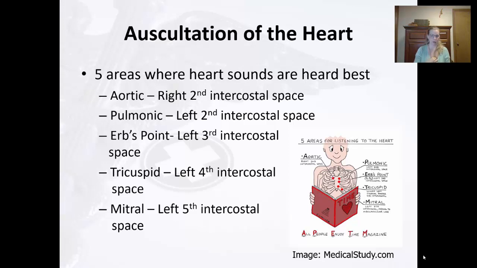One notch down in the third intercostal space, that's called Erb's point, and that's often where you can hear S1 and S2 heart sounds the best. Tricuspid valve is heard best in the left fourth intercostal space, and in the left fifth intercostal space, that is the mitral valve.